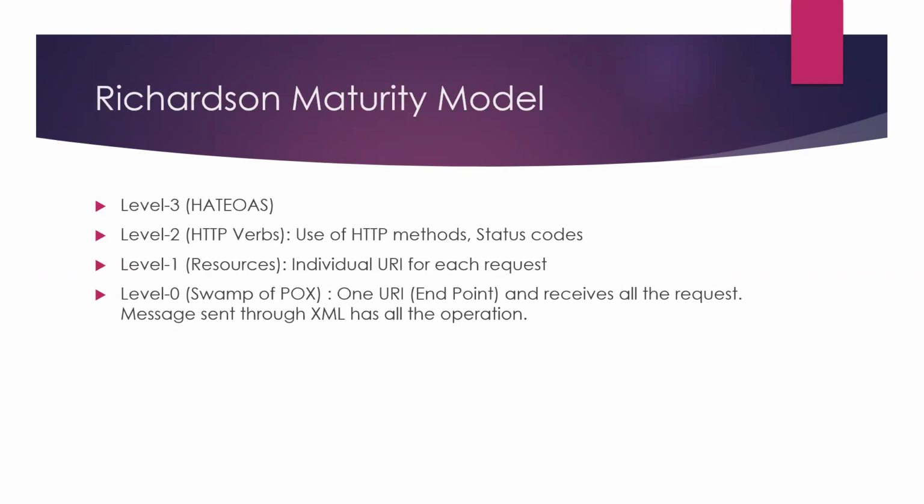Now coming to level 1. Level 1 should have at least a single URI, and you should be able to navigate wherever you want throughout your resources. And level 2, if you are using all the HTTP verbs and methods, then you are at level 2.